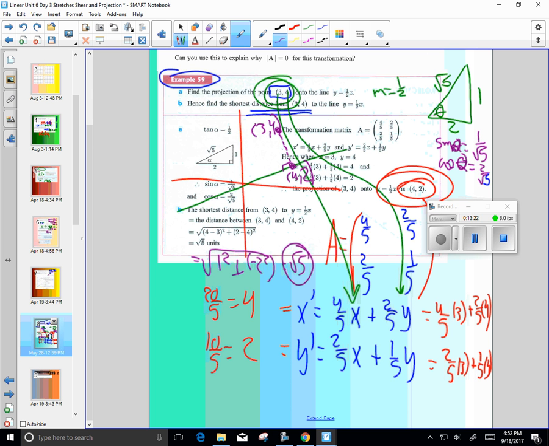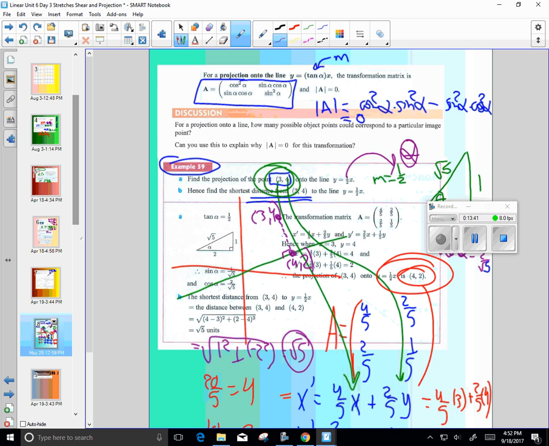Pretty cool. So what you did is you used the slope to figure out alpha or theta or whatever you want to call it. Once you have that angle, you put that into your formula, which we had earlier here. And once you have that formula, plug those in, you get the transformation matrix.